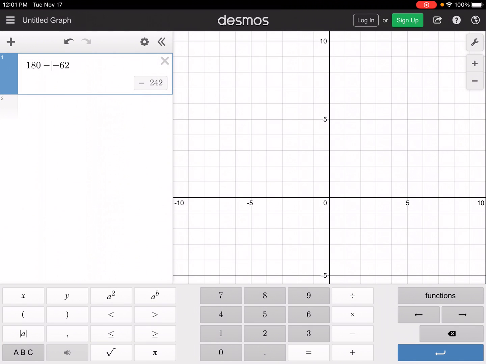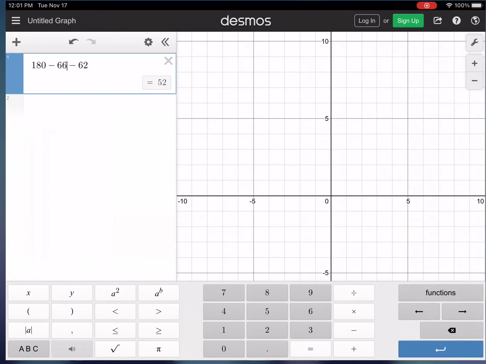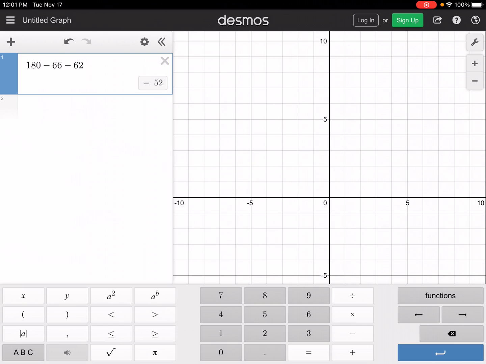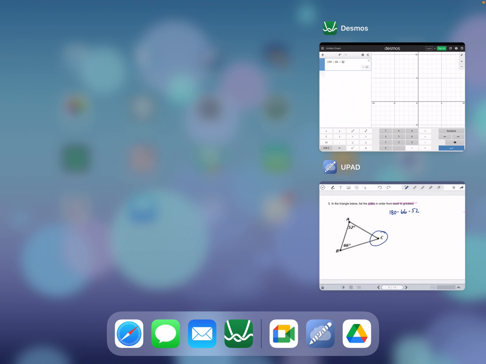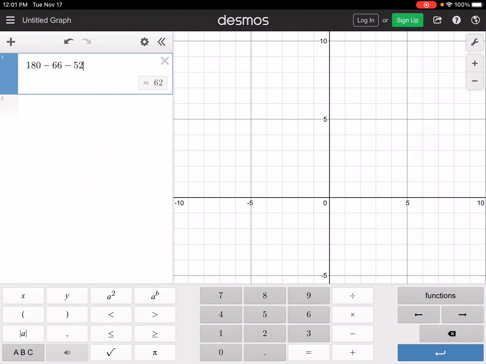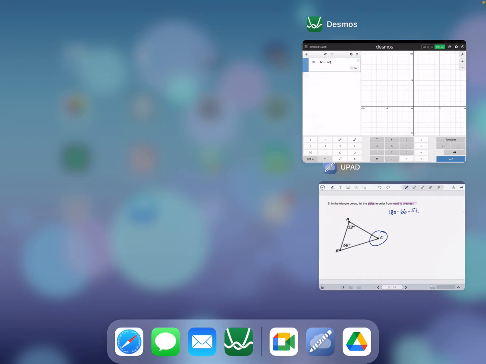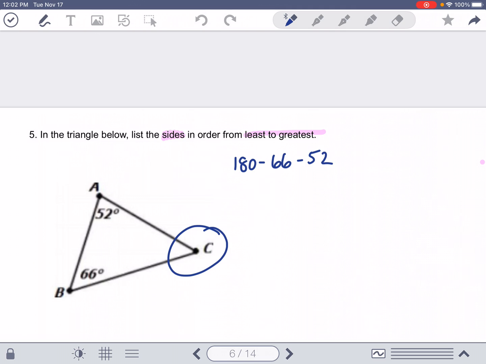I'm going to subtract 66, and I think it was 52. Yep, 52. That gives 62. So let me double check that. 66, 62. All right, so I now have a value for C. It's 62 degrees.